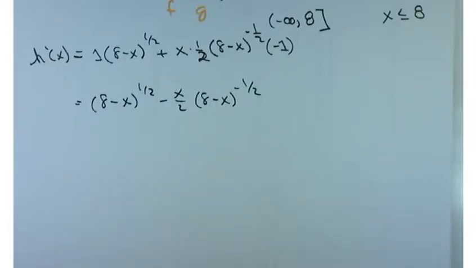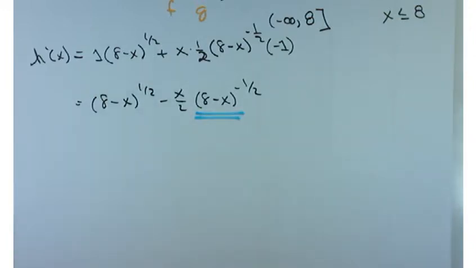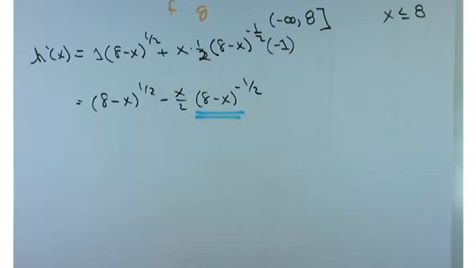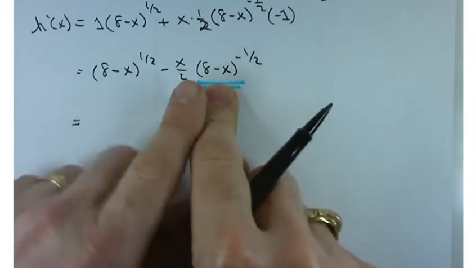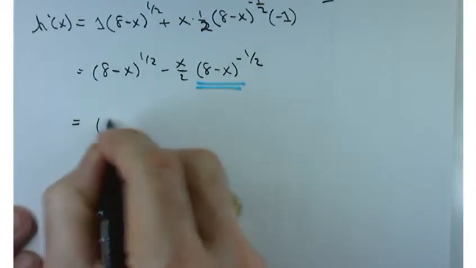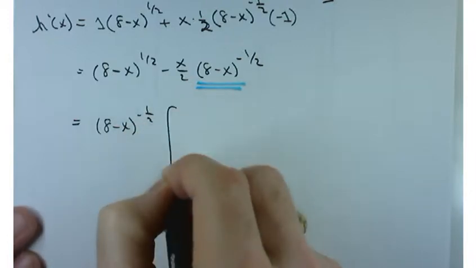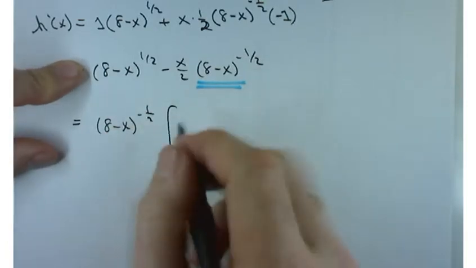Exactly. This is the stuff we just practiced a little bit. You want to factor out the term with the largest negative exponent. So in this case, it's going to be 8 minus x to the negative 1/2. I'm not sure I got much of a consensus from you, so I'll factor it out this way: 8 minus x to the negative 1/2. And the remaining terms have to get divided by that term that I'm factoring out.